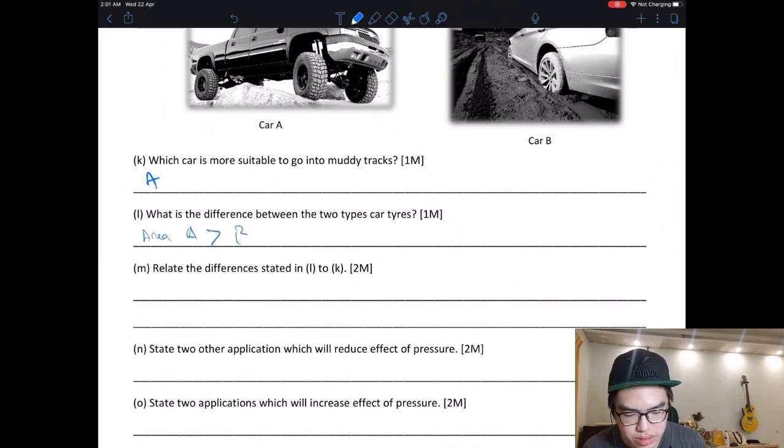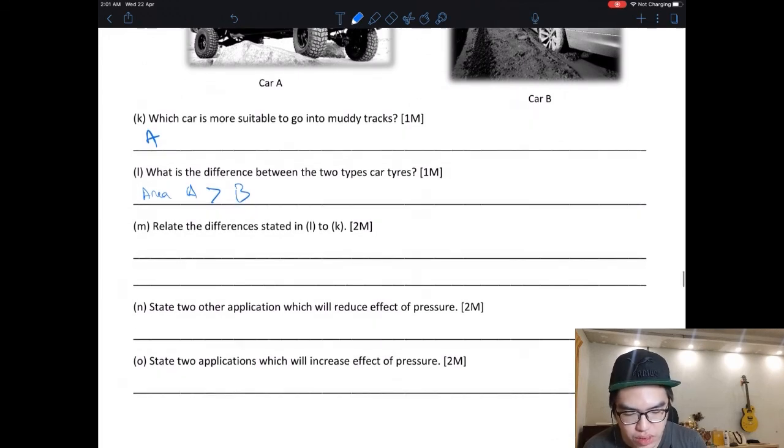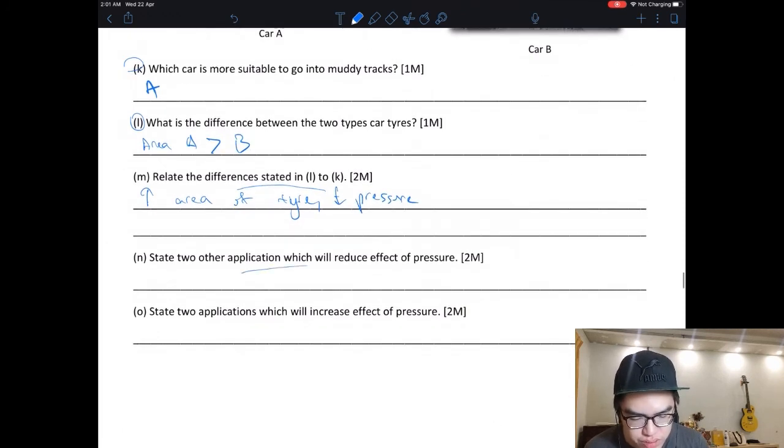Relate the difference stated in L to K. So how do you relate these two? The larger the area of the tire, the lower the pressure. Two other applications that will reduce the effect of pressure.